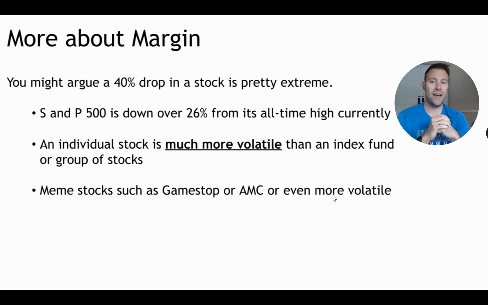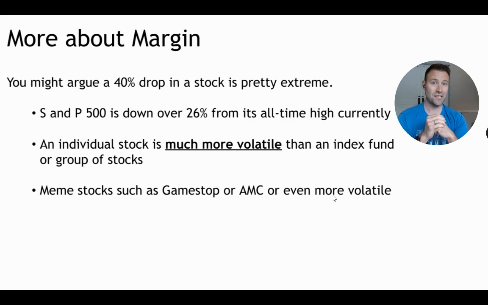So you might argue that a 40% drop in a stock is pretty extreme, and it is. Historically, that would be a big drop, but that's one stock. Today, the S&P 500 is down over 26% from its all-time high, and that's a huge bundle of stocks. The 500 stocks that are part of the S&P collectively are down 26%. So there's a little bit less volatility when you have a group of stocks like an index fund or an ETF, which we'll talk about.